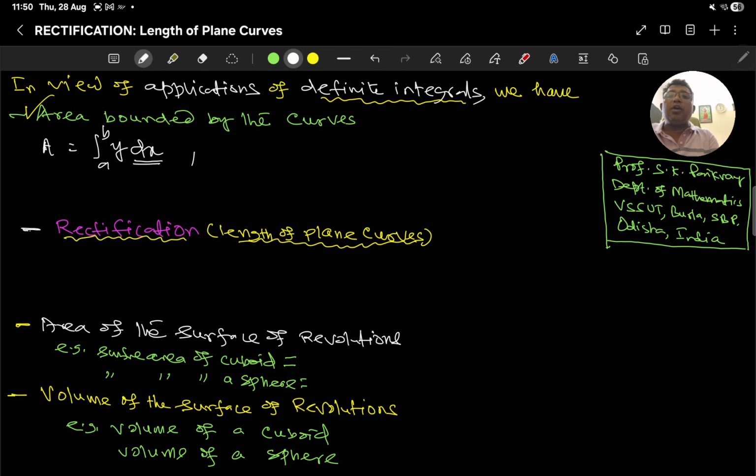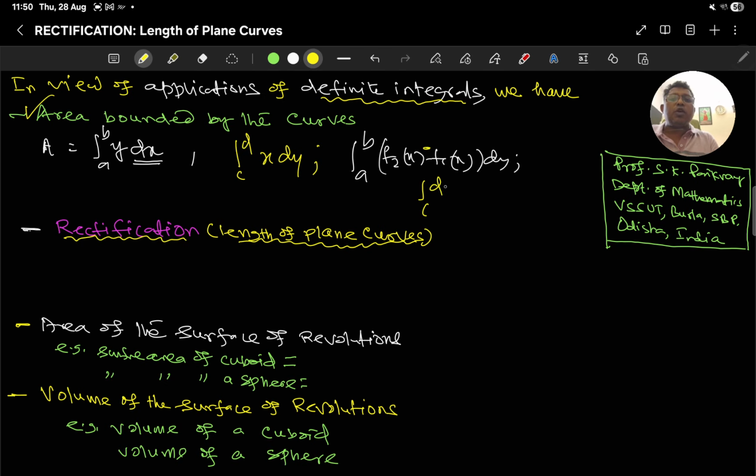Similarly it may be integral c to d x dy, or in between two curves it can be integral a to b of f2(x) minus f1(x) dx, or integral c to d of f2(y) minus f1(y) dy.